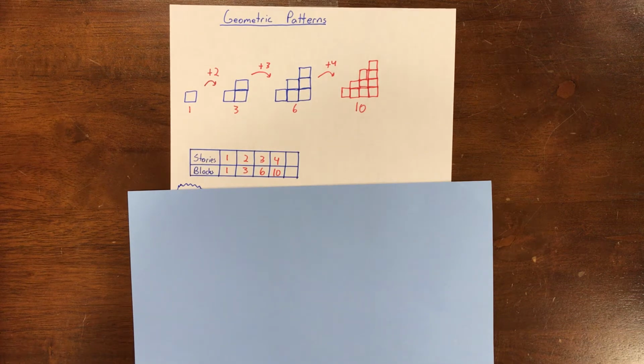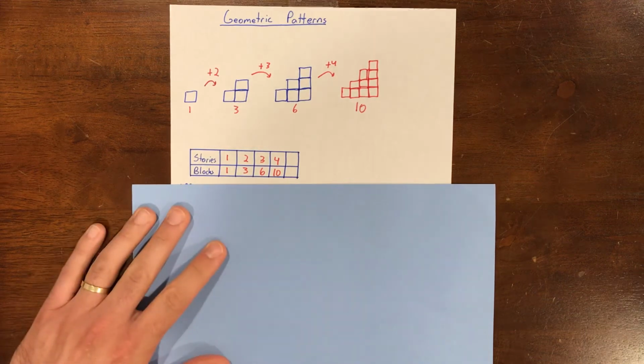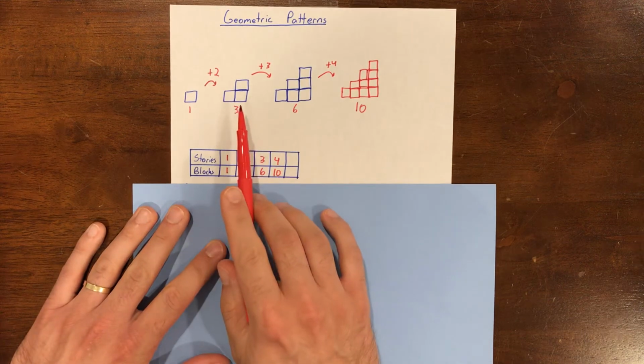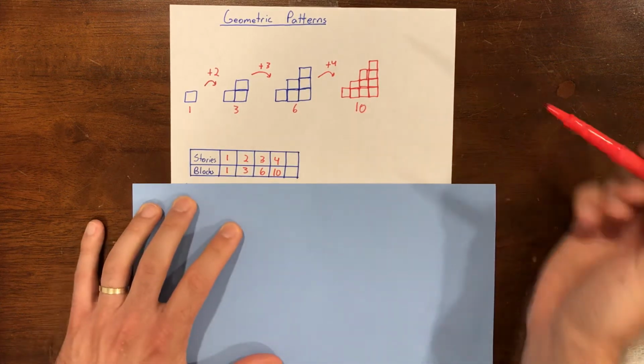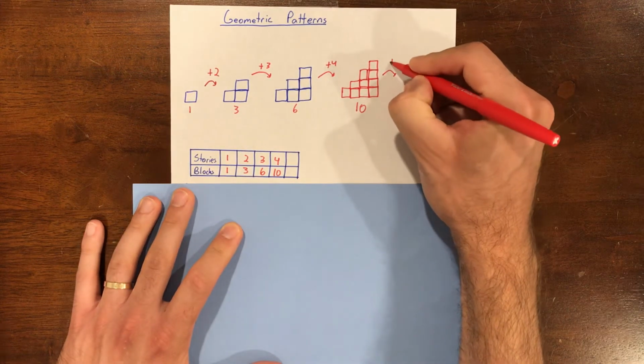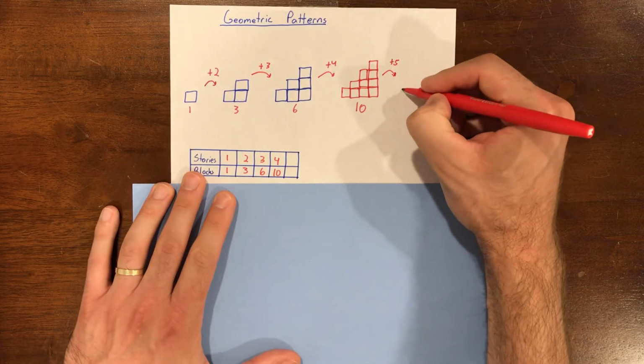How do you know? Say it out loud. Yeah, 15 blocks. Because each time we're adding a tower that has 1 more block than the previous tower. So we're going to add a tower of 5.